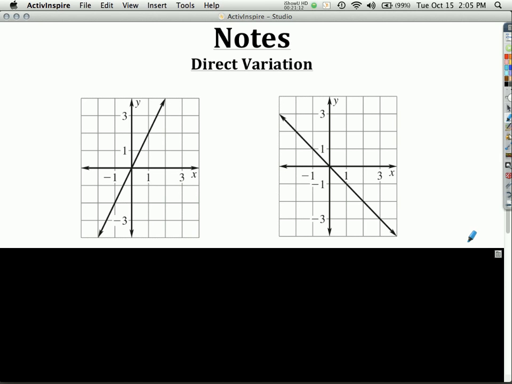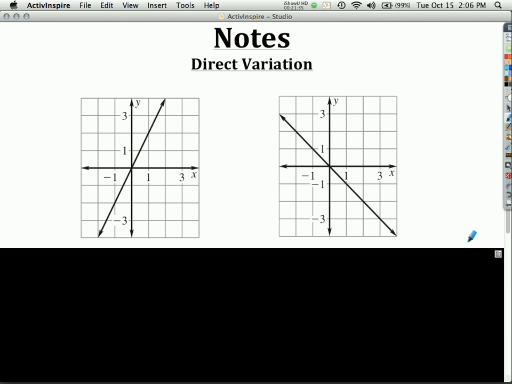One's positive, one's negative. Okay. Well, that's a contrast. So you told us what was different about them, and that was very good. But my question was actually, what do they have in common? So comparing, Shannon? The line's bigger than the... Very good.